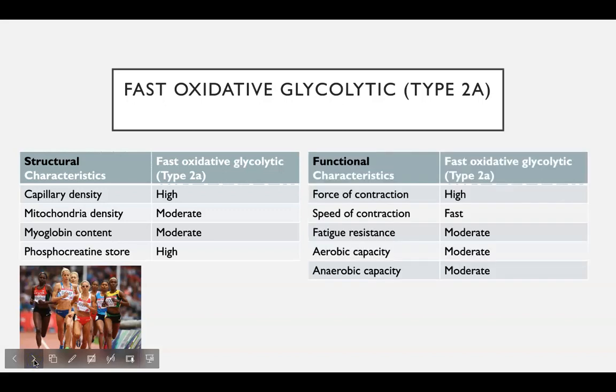Our functional characteristics are: force of contraction is high, speed of contraction is fast, it's a fast twitch muscle fibre after all, fatigue resistance moderate, aerobic capacity moderate, anaerobic capacity moderate. A sporting example for a fast oxidative glycolytic type 2A would be the 800 metres.